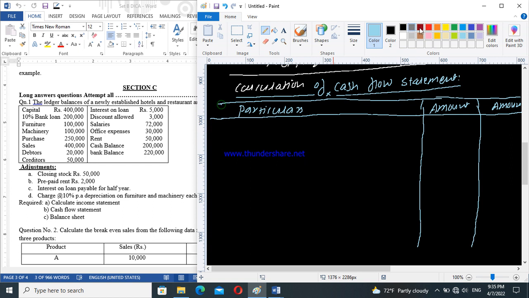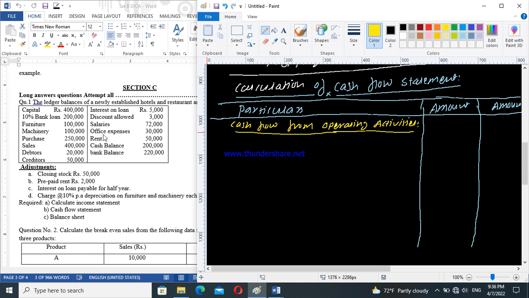Firstly, cash flow from operating activities. Firstly, you need to understand that all the given information is an increasing trend because the given data is net value.